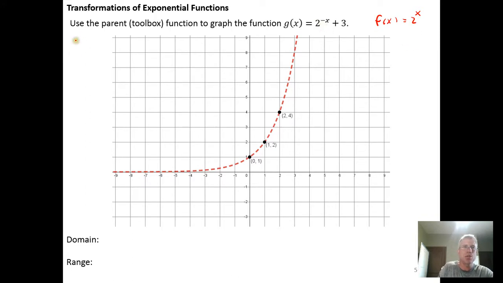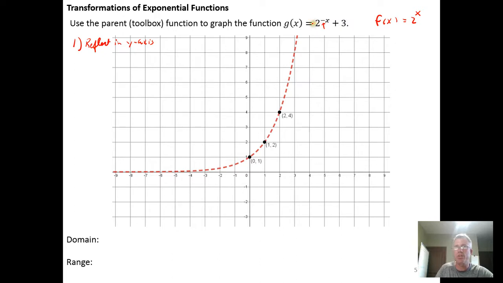Once you establish the toolbox function, list the transformations. Hey, nothing is being added or subtracted from the x, so there's no horizontal translation. There's a negation on the x, so there is a reflection in the y-axis, a y-axis reflection because of the negation on the input variable.